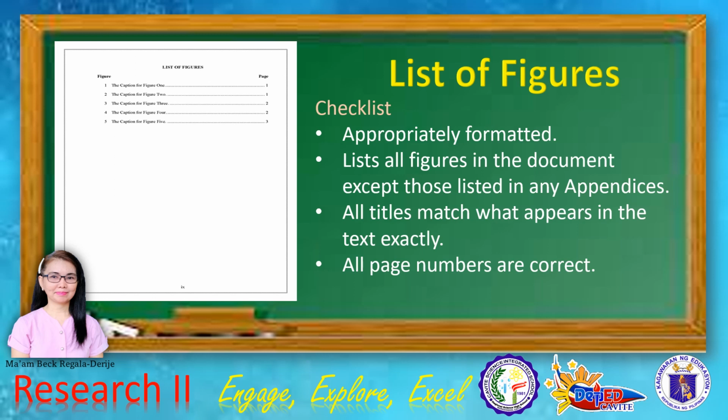All titles match what appears in the text exactly, and all page numbers are correct. So you have to check the pages. Because of course, if a reader wants to see a certain image, they will look in this list of figures for which page it is on. So they should find it on the right page.